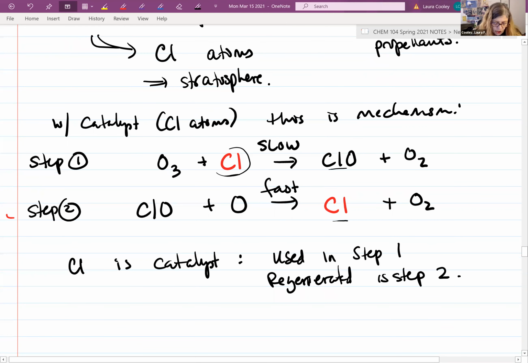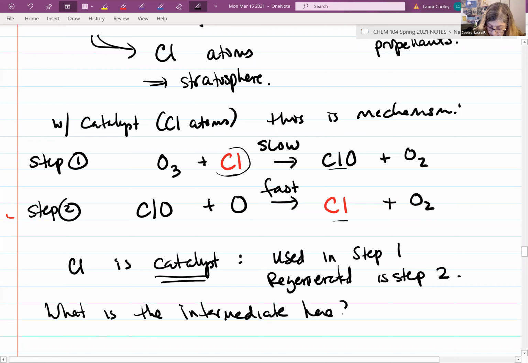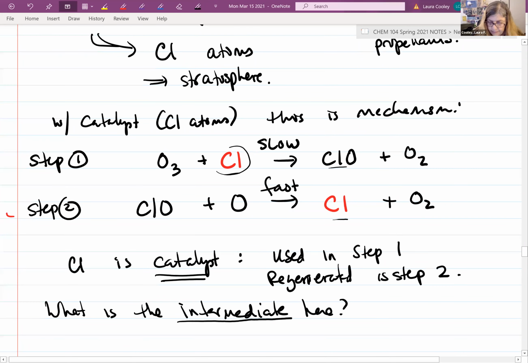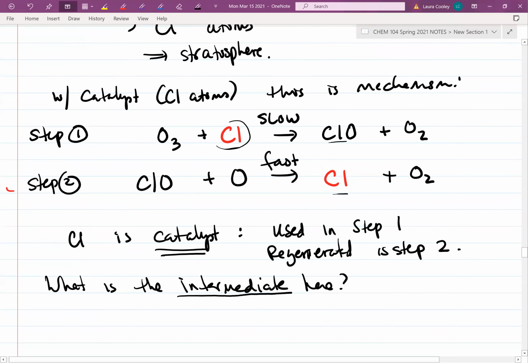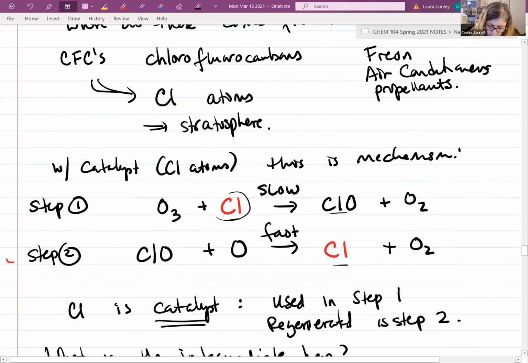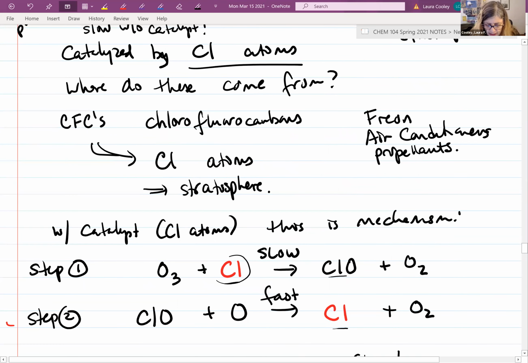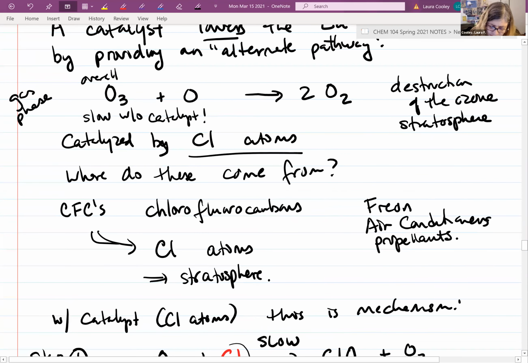Okay. You can also see that we have an intermediate. What is the intermediate here? Oxygen? Actually, if you look at the overall reaction, and thank you for trying, I really do appreciate it, the oxygen is actually a product of the reaction.